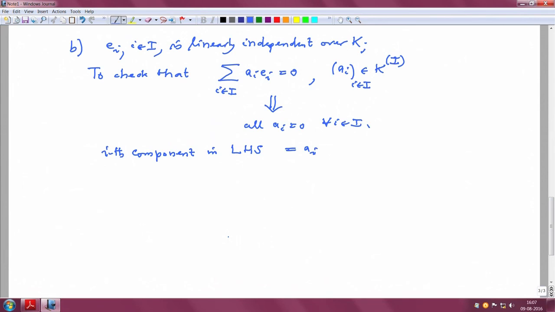So, this follows from that. So, we have checked that it is linearly independent, and therefore this family e_i, i in I, is a basis of k power (I).